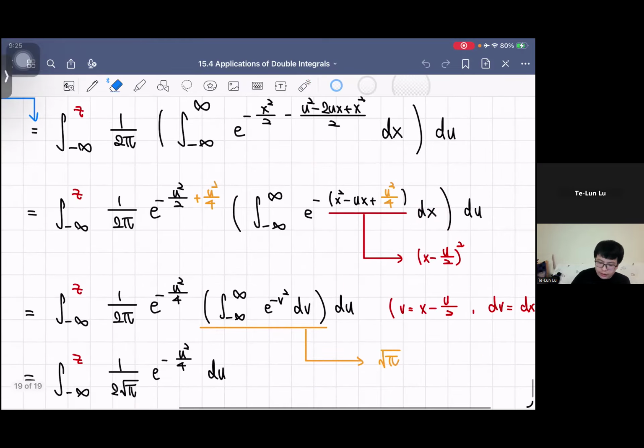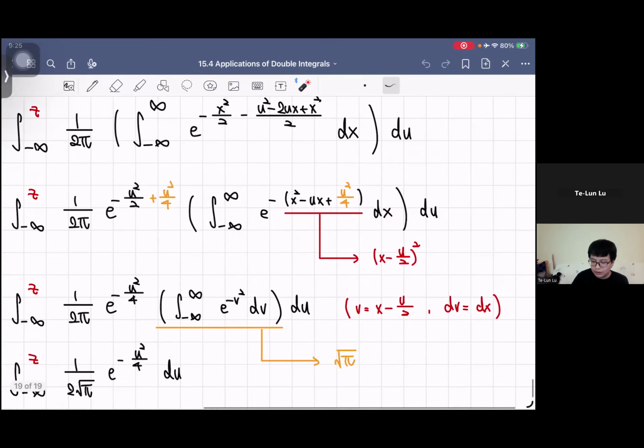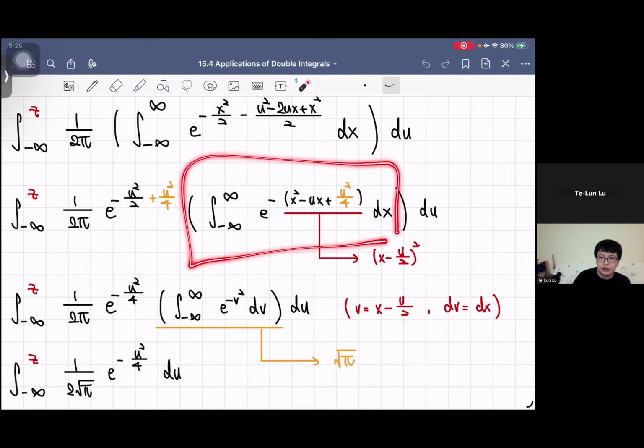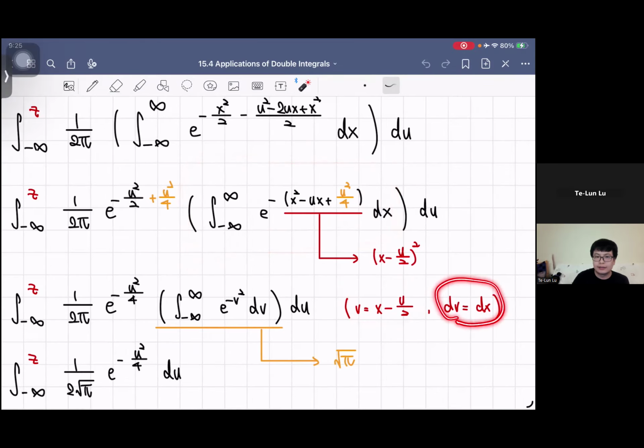Okay, now this actually reduces to the thing that we are very familiar with. Let us do another layer of change of variable, with v being x minus u over 2. Don't forget, u is a constant in this integral, so dv is dx. And this actually is e to the minus v squared, where again the upper and lower bounds do not change, because we're shifting minus infinity and infinity by some constant, which is still minus infinity and infinity.